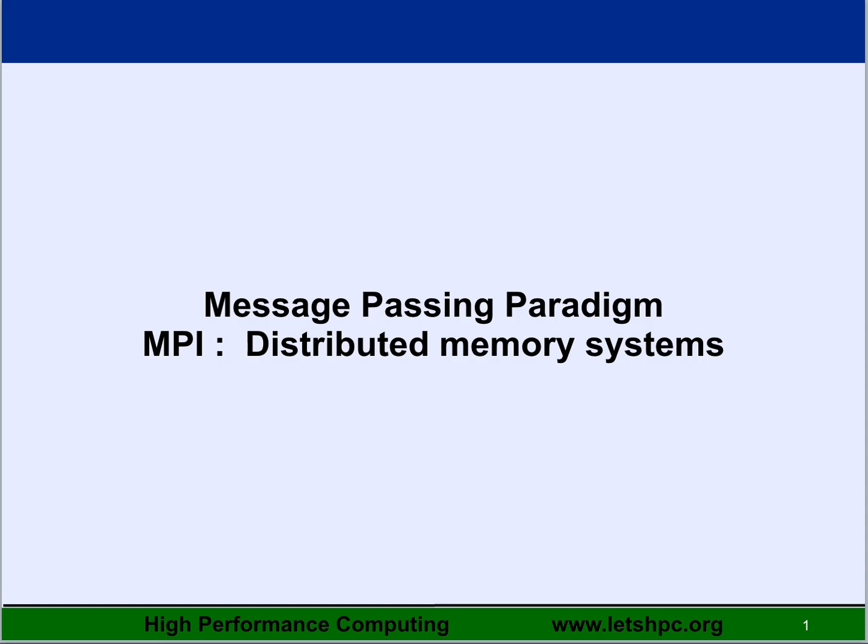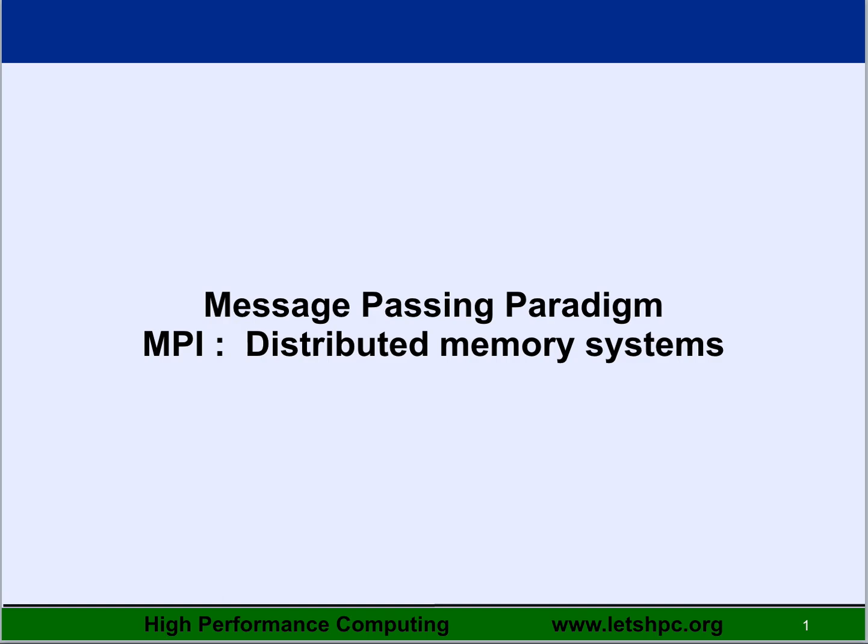Welcome to the second lecture on the topic of message passing paradigm using MPI on distributed memory systems. In the previous lecture, we discussed the send and receive protocols, the blocking protocols, non-blocking, buffered as well as the non-buffered protocols.